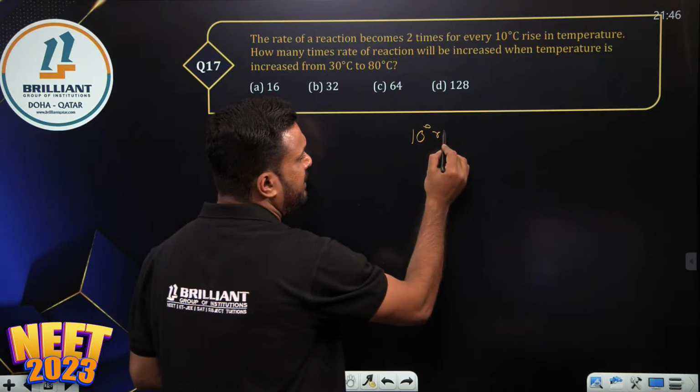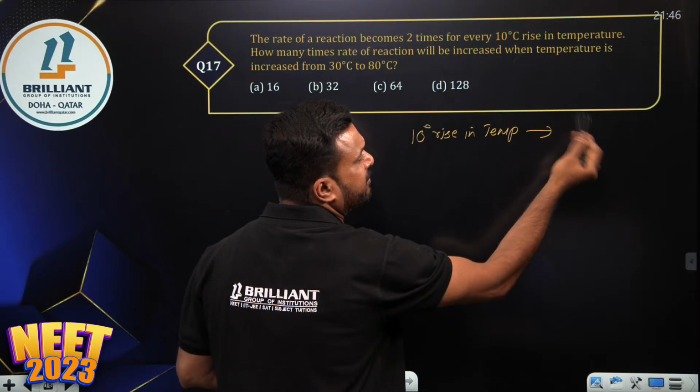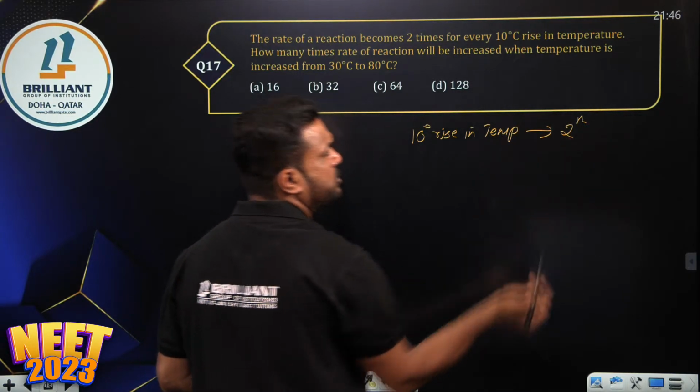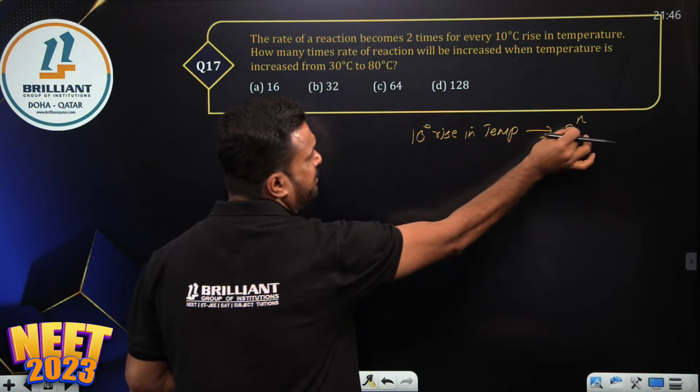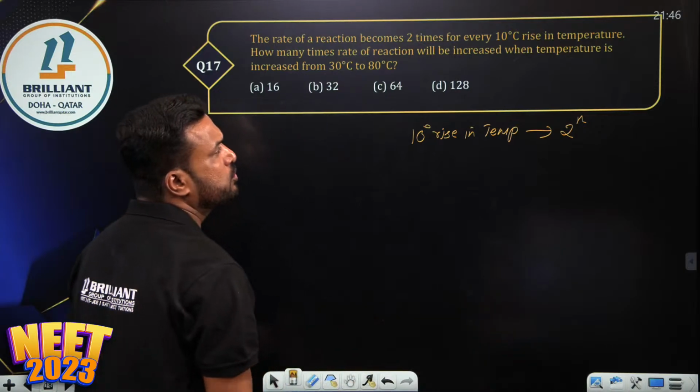So for every 10 degree rise in temperature, rate of reaction will be double, which means you have to write it as 2 raised to n. 10 degrees means 2 raised to 1, 20 degrees means you will get 2 raised to 2, like that.